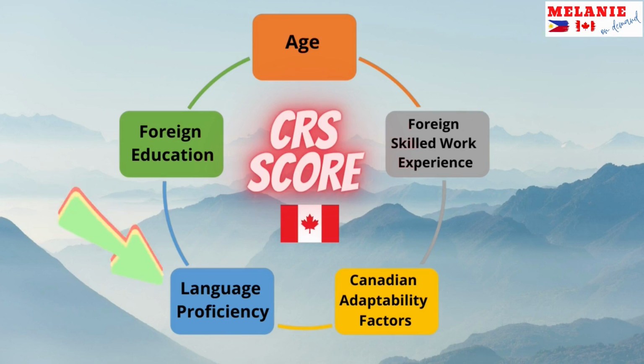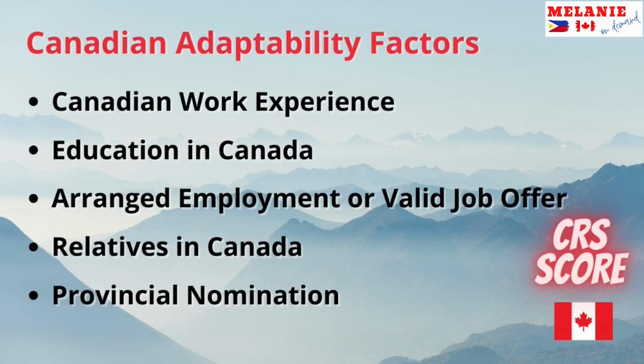Then, language proficiency for English and French. And finally, Canadian adaptability factors such as Canadian work experience, education in Canada, arranged employment or valid job offer, relatives in Canada, and provincial nomination.